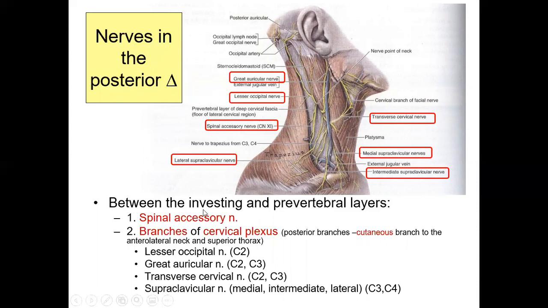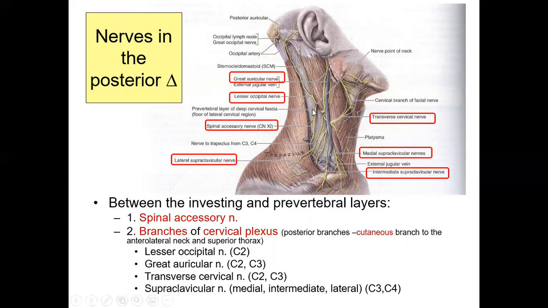They are located between the investing layer and the prevertebral layer of the deep cervical fascia. And then we have the spinal accessory nerve present in the posterior triangle of the neck.